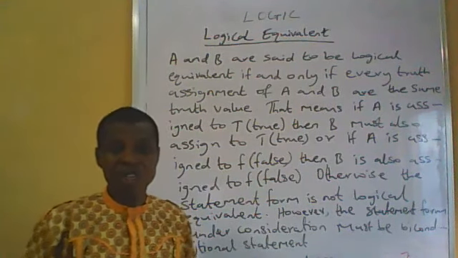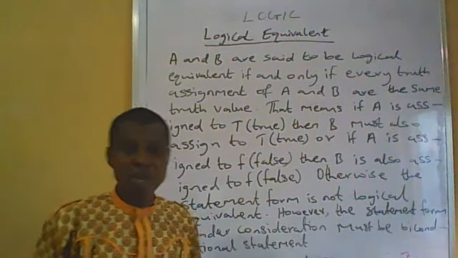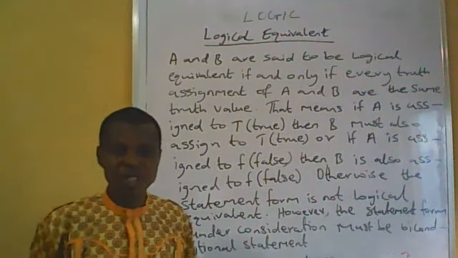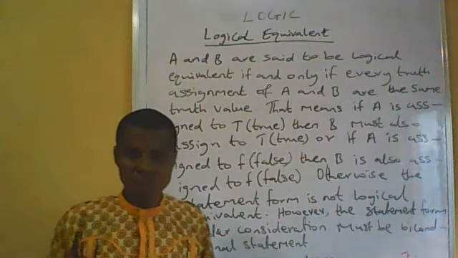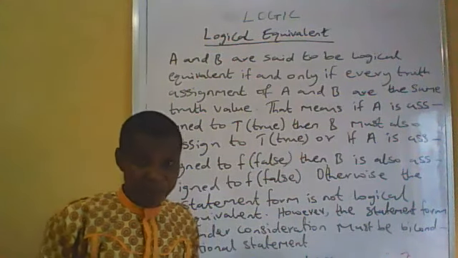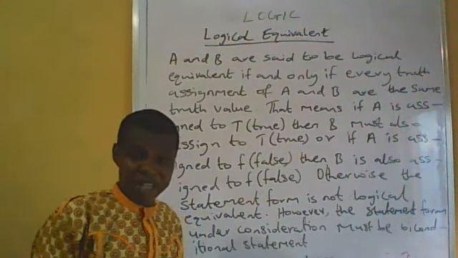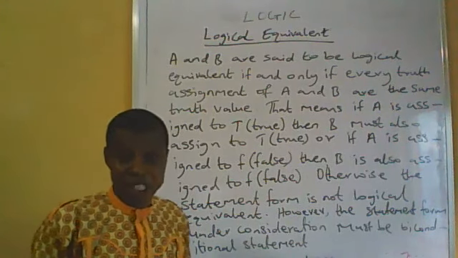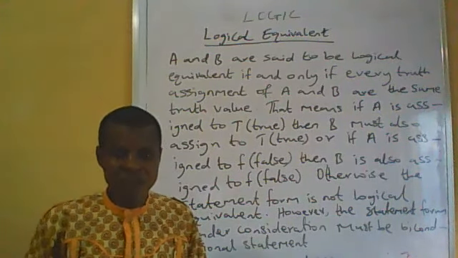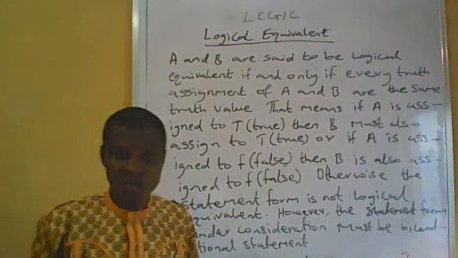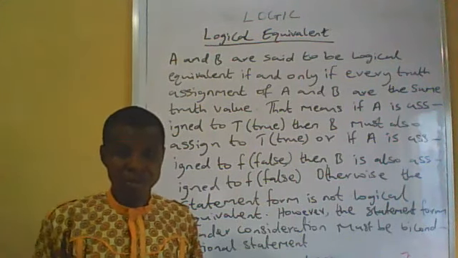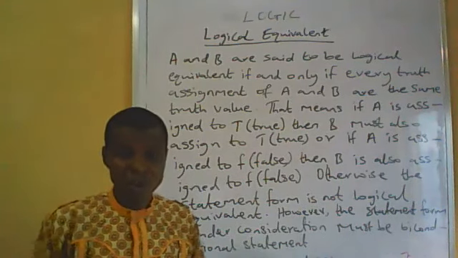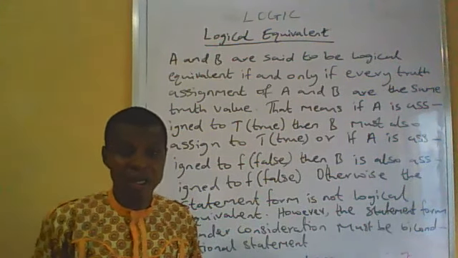If A is T, B must also be T. That means truth. Otherwise, if A is F, that means falsity, B must also be F. If otherwise, they do not have the same truth value, they are not logically equivalent.